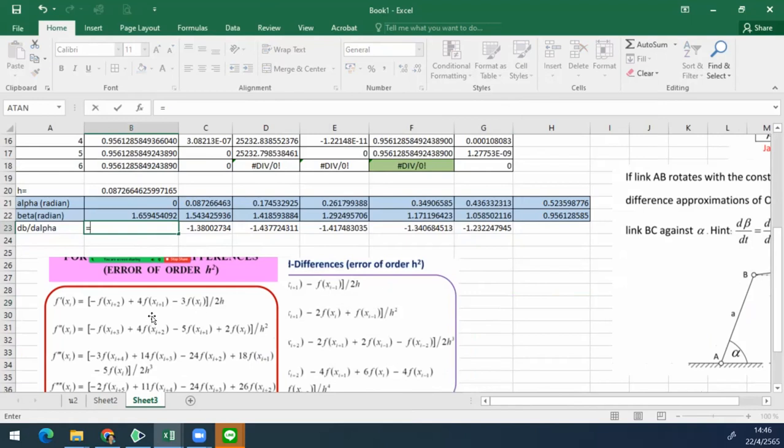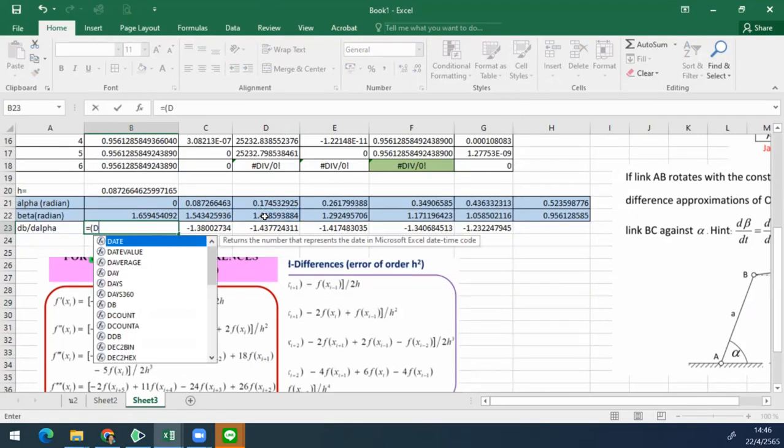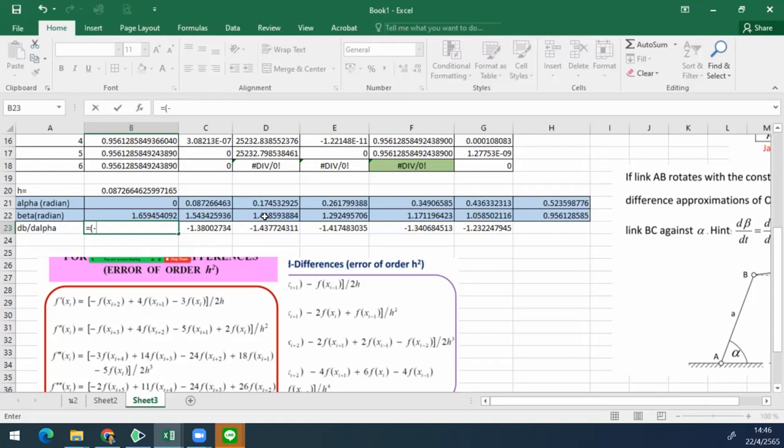It's equal to minus f(xi+2) plus 4 times f(xi+1), minus 3 times f(xi), divided by 2h.